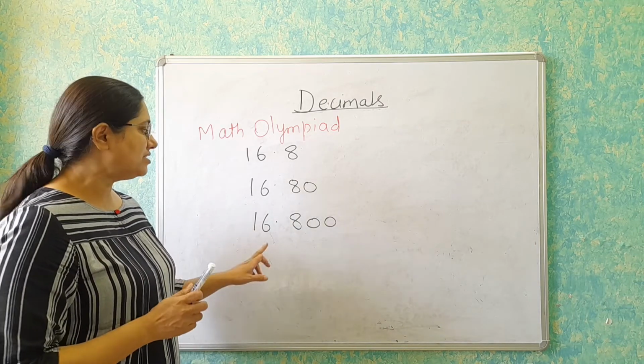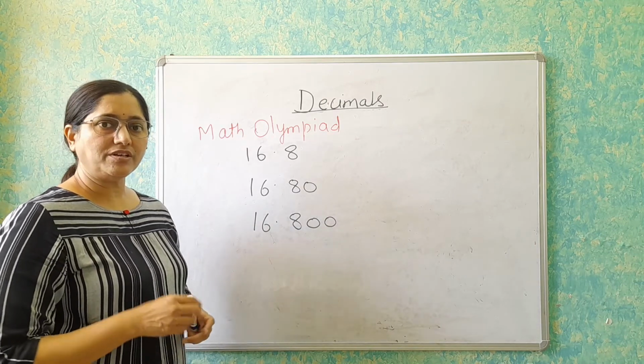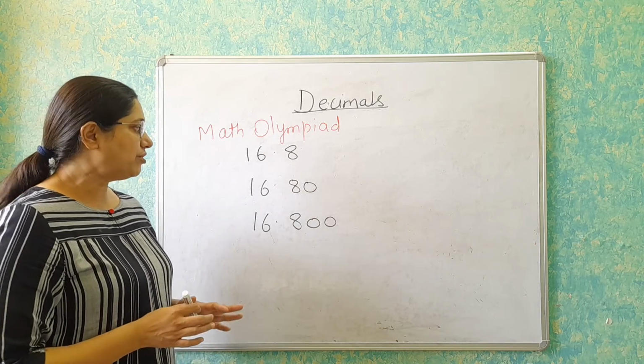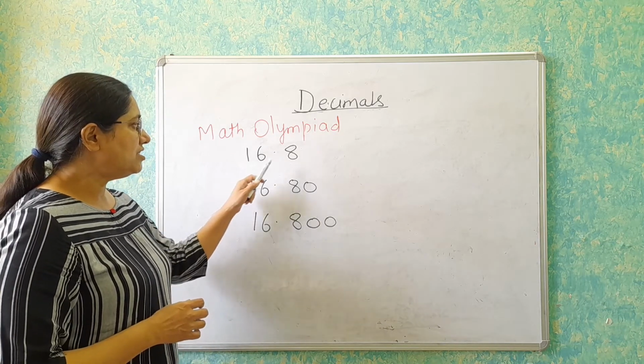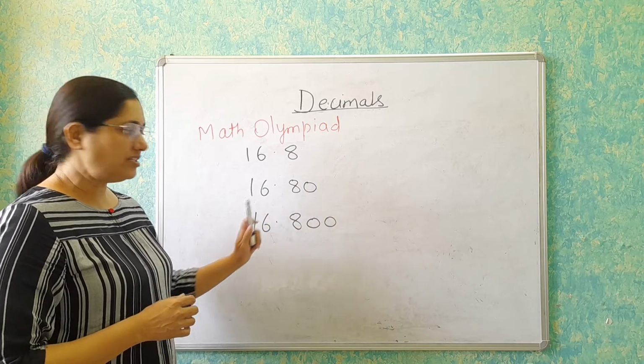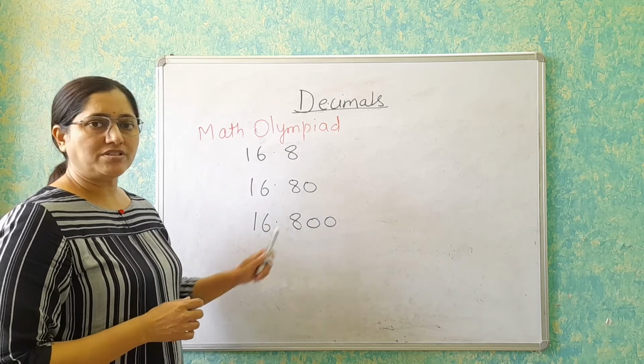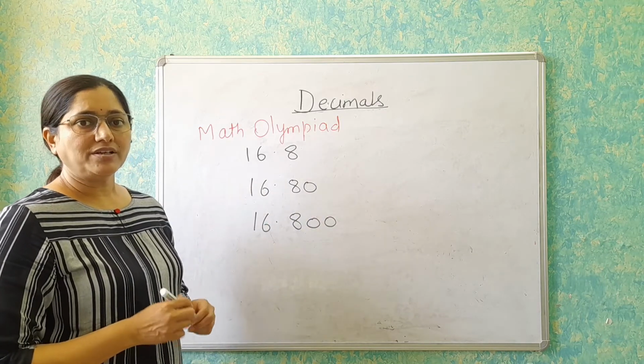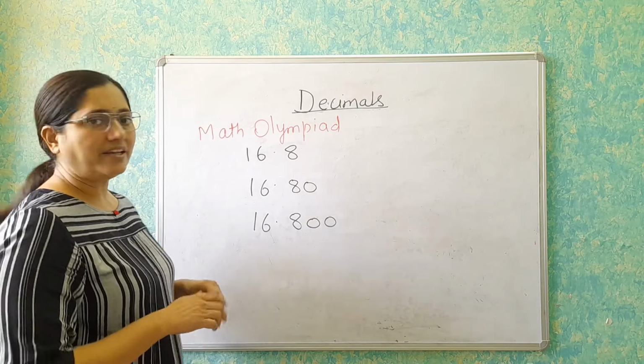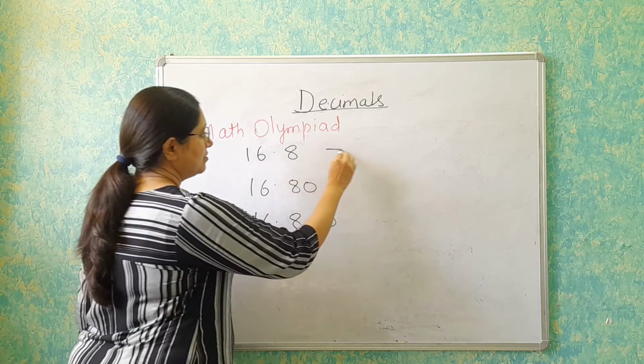You may think that 16.800 is the greatest number, but it is not true, because 16.8, 16.80 and 16.800, all three of them are the same, or we can say they are equivalent decimals.